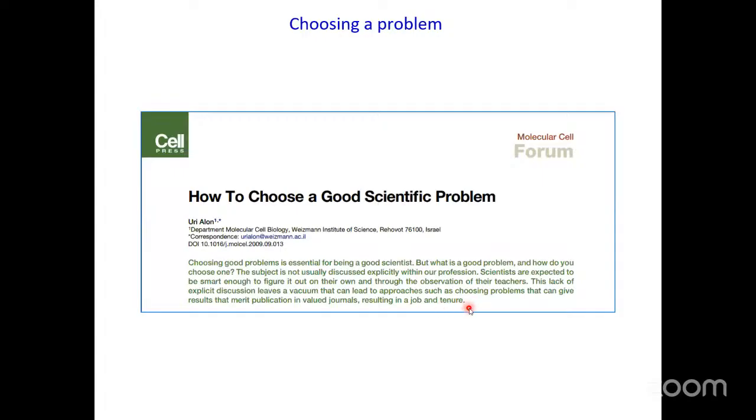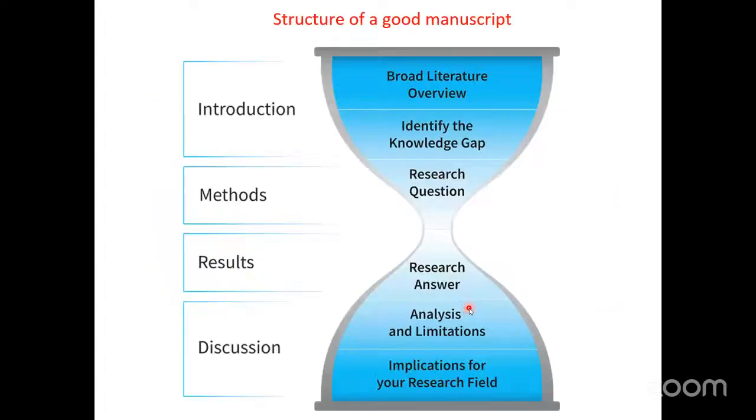That means we have to choose a particular scientific problem that can give some insight, and after mixing that good idea with your input and experimental validation, eventually it will produce a good scientific article that can be followed by others. So what should be the structure of an ideal manuscript?